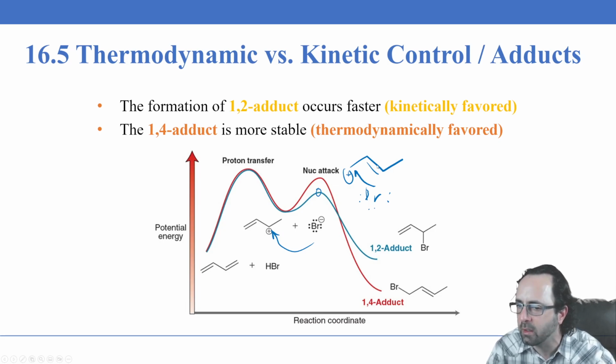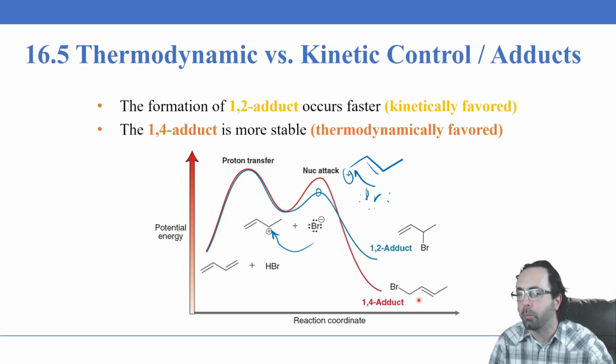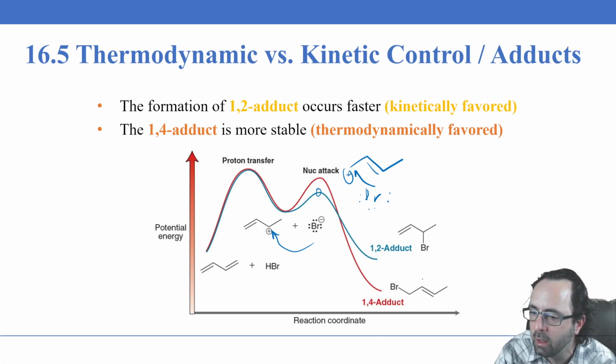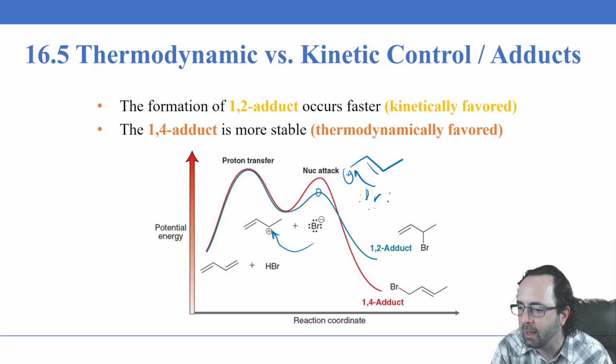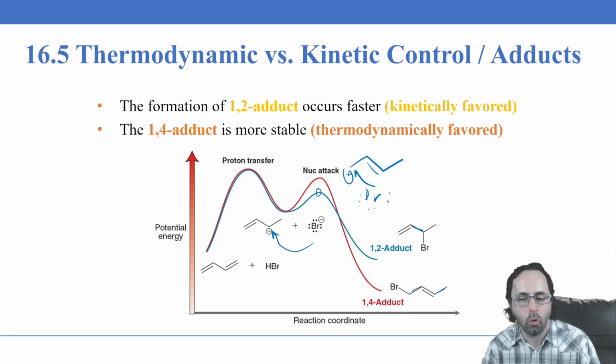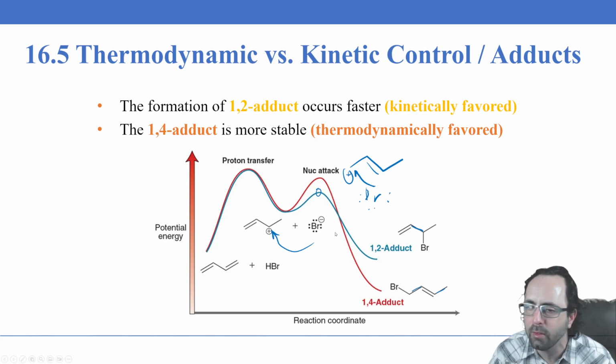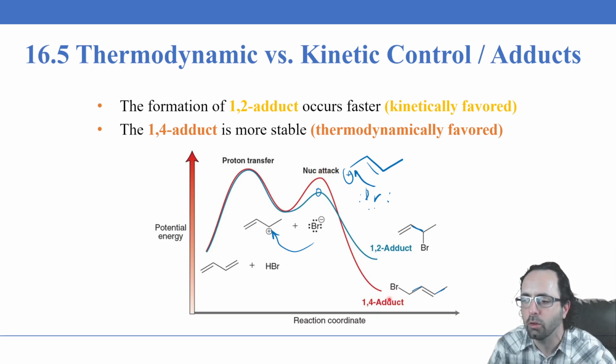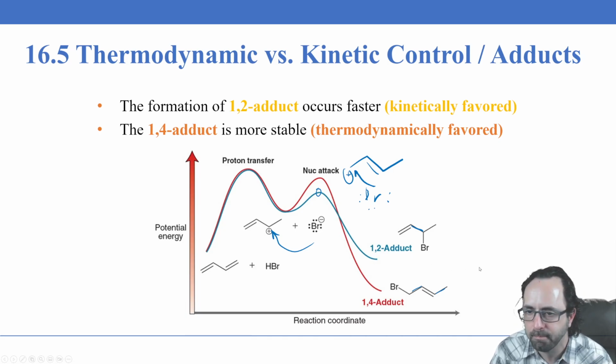So of course this transition state is going to have a higher energy. However, the final product produces an alkene here that is doubly substituted versus one that is singly substituted. So it's a thermodynamically more stable product. So if the temperature is higher and a sufficient number of molecules have the activation energy to get over this, you'll get more of the 1,4 adduct.